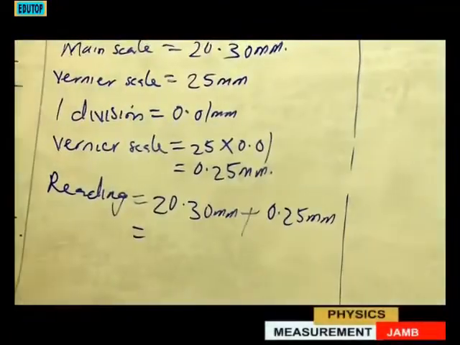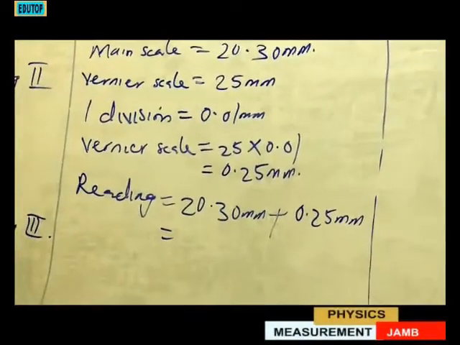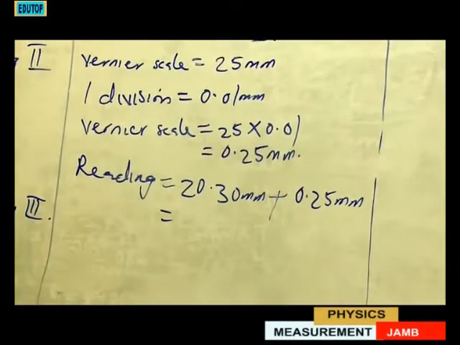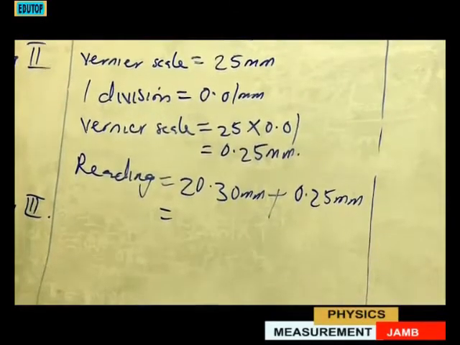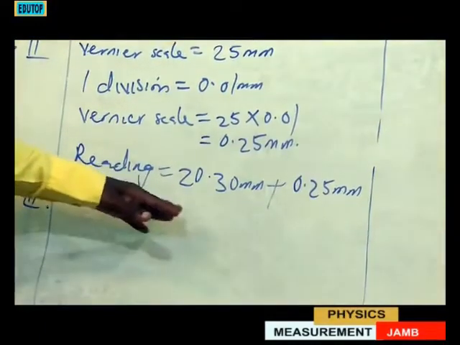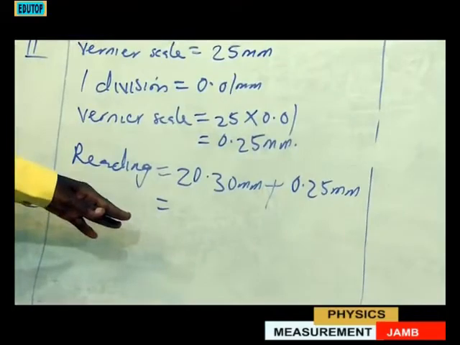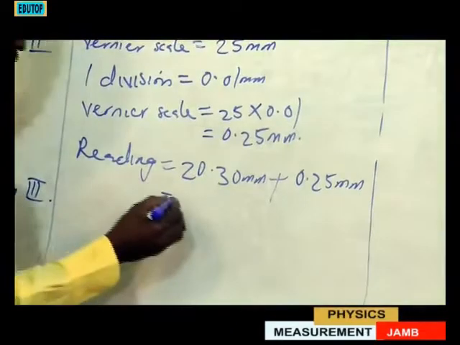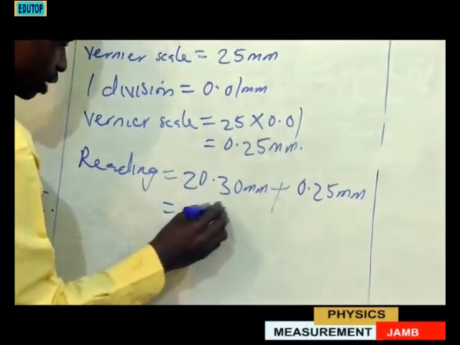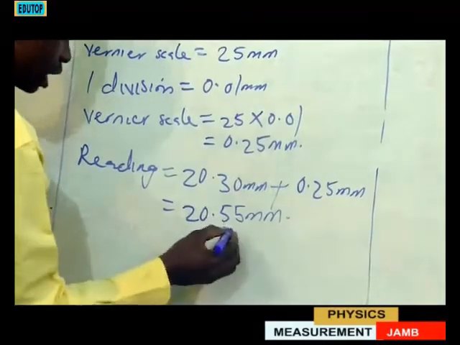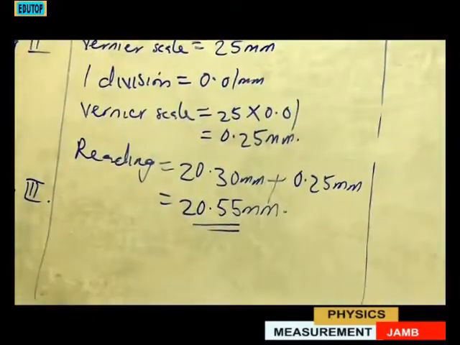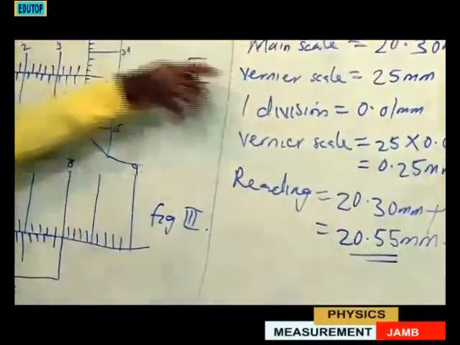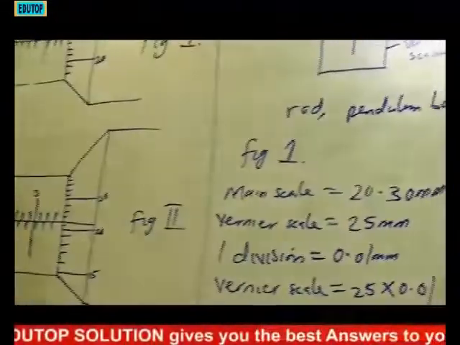So altogether, 20.30 millimeter plus 0.25 will give you 20.55 millimeter. And that will be the total reading of this micrometer screw gauge. Take note of this. For figure 1, this is the solution.